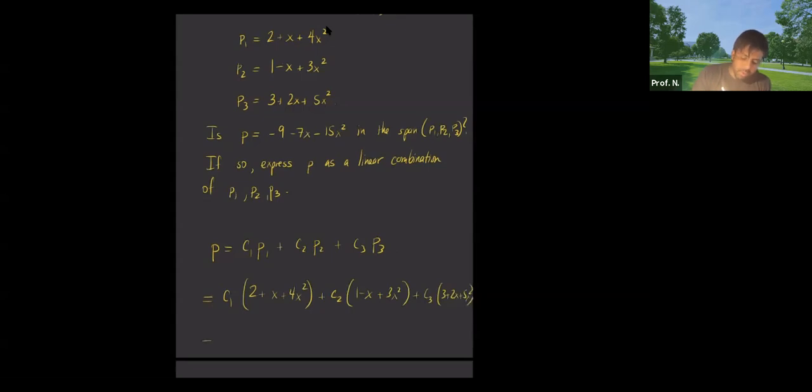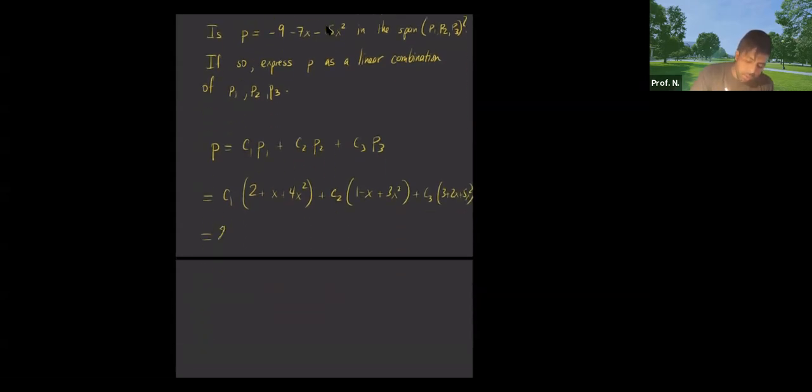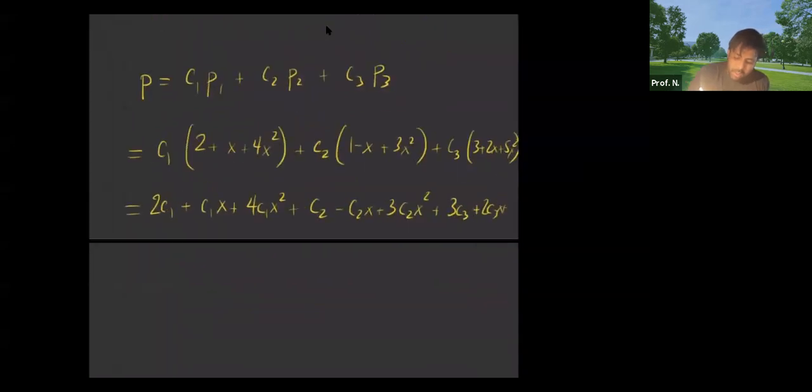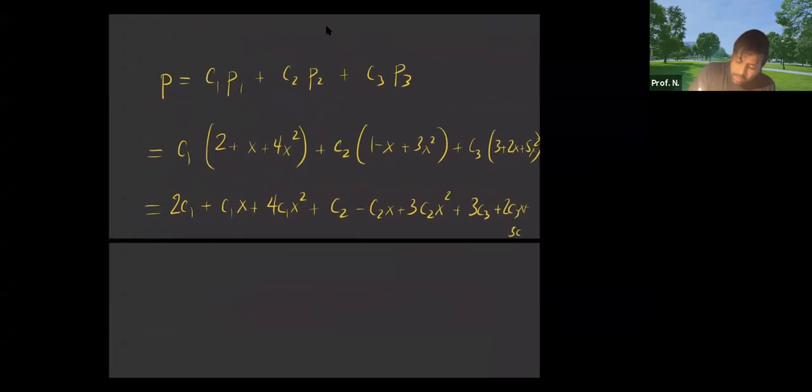When you do all this algebra, what do you get? You get 2C1 plus C1x plus 4C1x squared plus C2 minus C2x plus 3C2x squared plus 3C3 plus 2C3x plus 5C3x squared. And then what am I going to do?